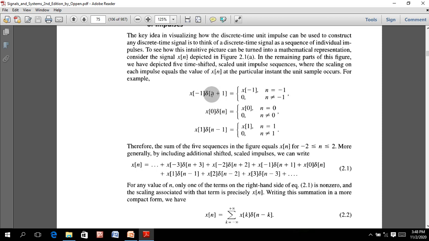To achieve that in the signal, we have to make this part 0, so we have provided it with n plus 1.